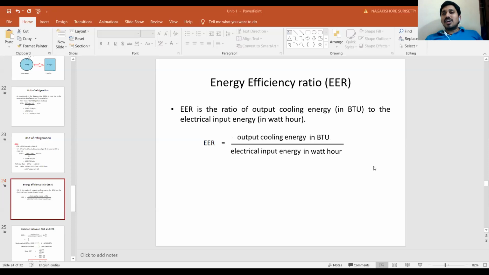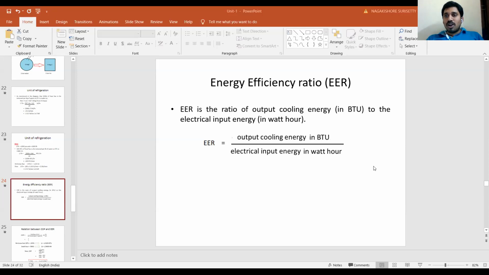EER is a ratio of the amount of heat removed from the cooling space, in terms of energy, to the amount of electrical energy given to the system in terms of watt hour.